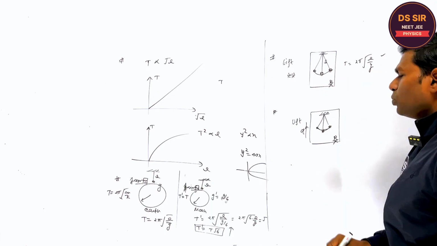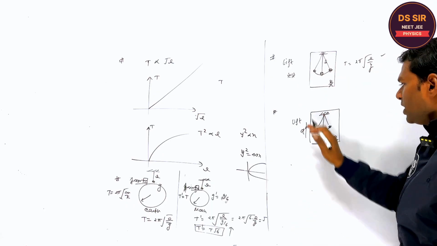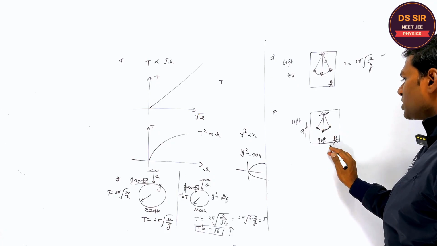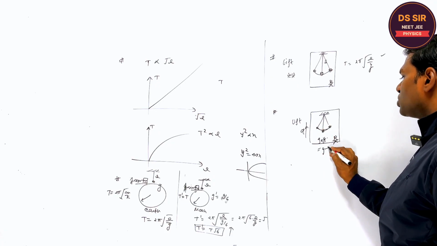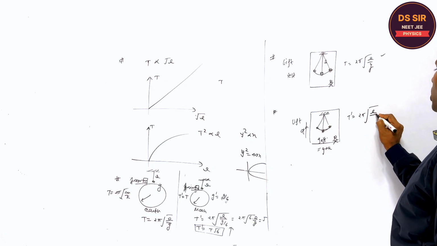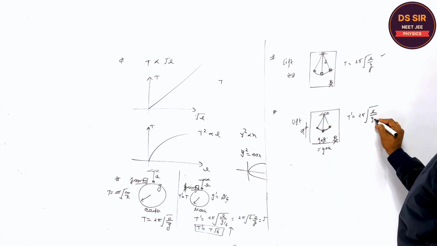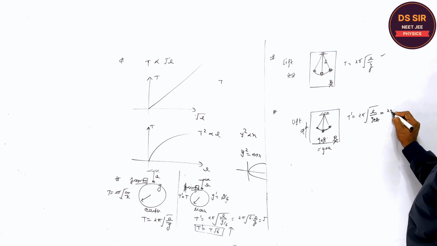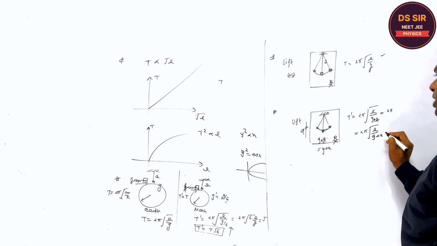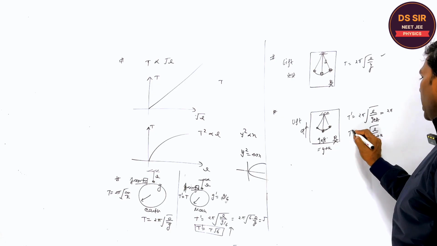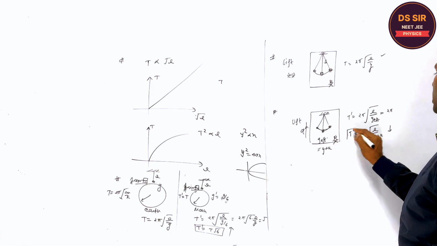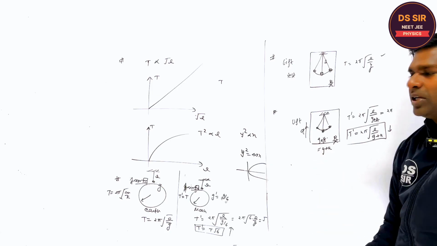If it is oscillating, what is g effective? Inside the lift, g effective is g plus a. So the time period will be 2π√(L/g effective), which is 2π√(L/(g+a)). Are you getting? So the time period will decrease if the lift moves up with acceleration.